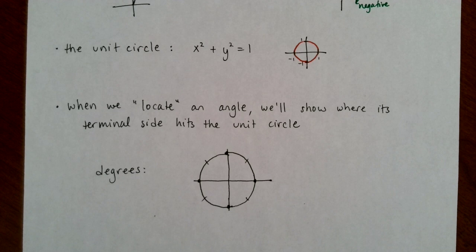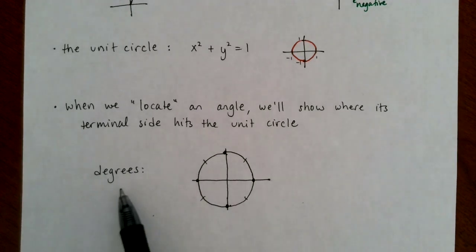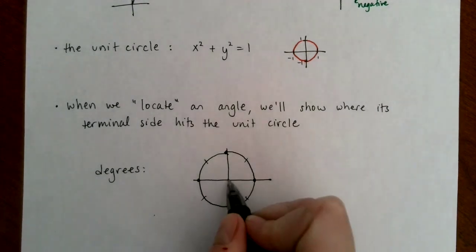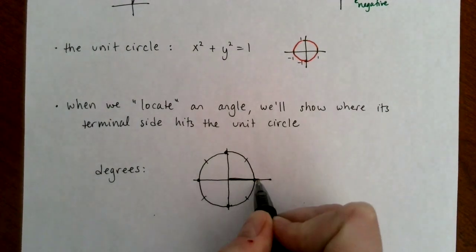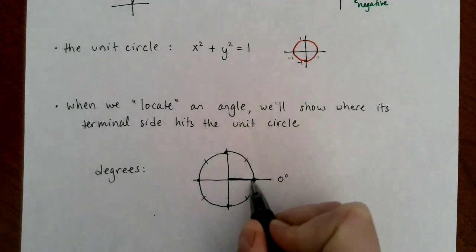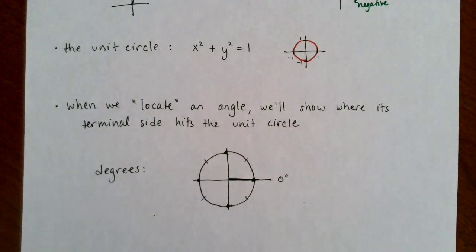Okay, so first we want to talk about degrees. Typically, these are the most intuitive way to measure an angle and the one you've probably seen in your life before. So if we're starting at the positive x-axis here, the angle 0 degrees is right there, right? So if you don't rotate at all, you're landing right here on the edge of the unit circle.